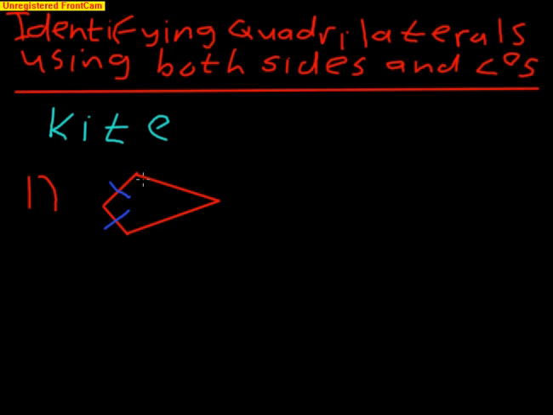Also, this side here and this side here are adjacent because they form this angle here. So we have two pairs of adjacent sides that are each equal, and that is enough information to classify this quadrilateral as a kite.